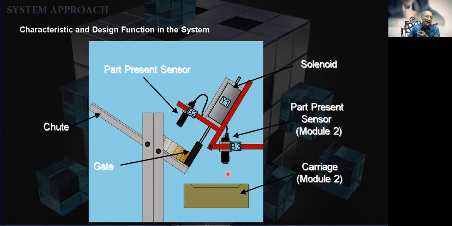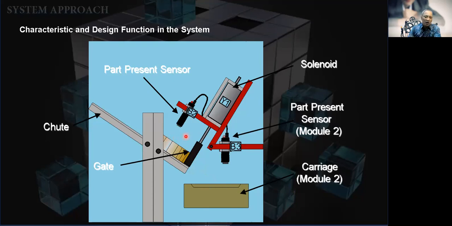Or, for example, the carriage will be defined later. We don't know. Maybe the carriage is also classified. For example, this kind of carriage will only accept a metal gear, or another carriage will only accept a plastic gear.